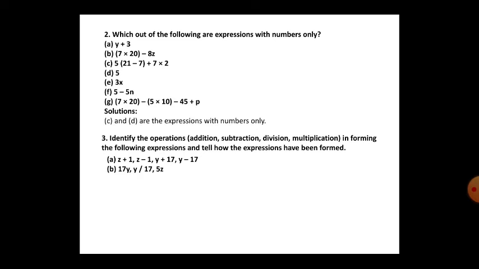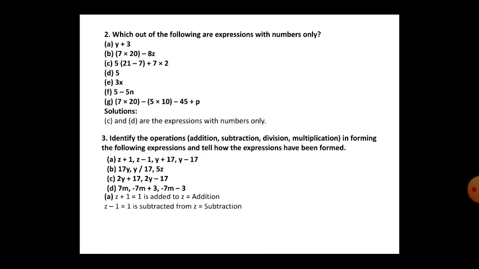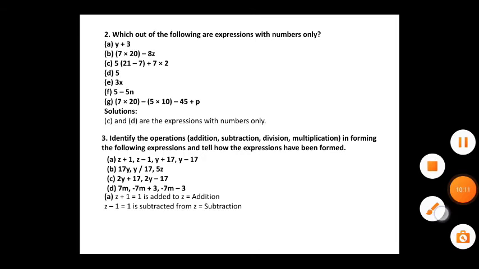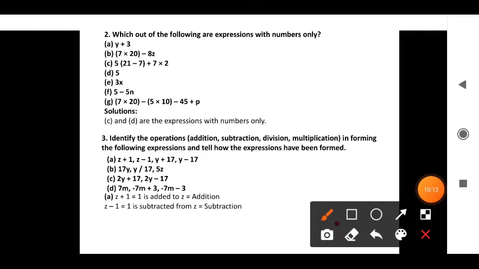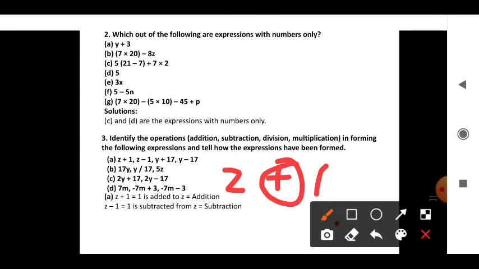That's it. See here the questions. First is z plus 1. In this, you can observe z plus 1. So in z plus 1 the operation is addition. Your z you are adding, right?